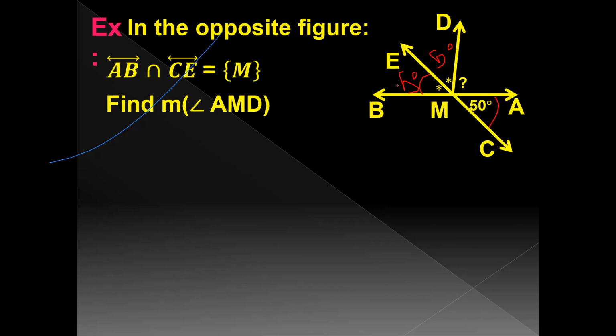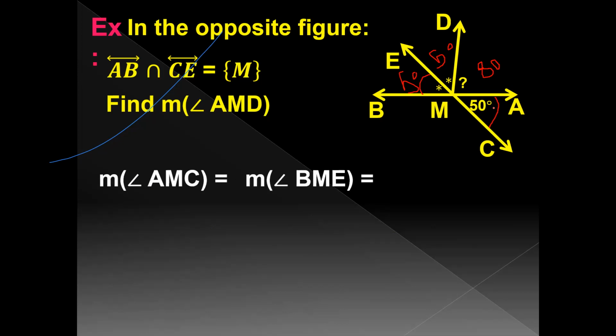The sum of the two angles is 100, then the third one will be 80 degrees. Find the measure of angle AMD. So the angle will be 80 degrees.